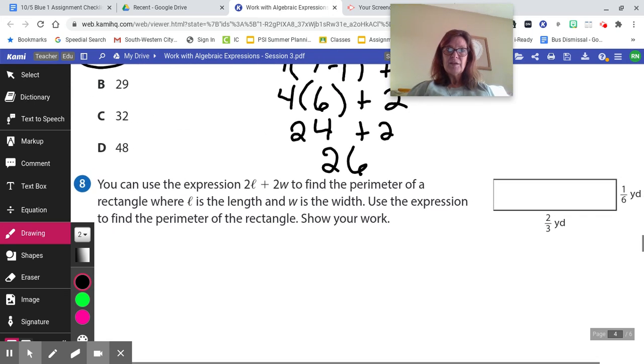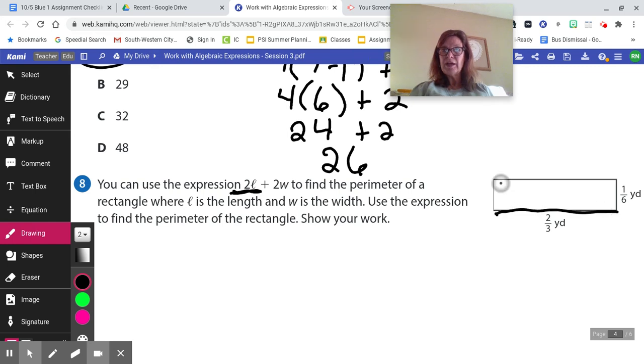Okay. This one, you can use the expression 2L plus 2W to find the perimeter of a rectangle where L is the length and W is the width. Use the expression to find the perimeter of the rectangle and show your work. Remember, perimeter is adding up all the sides. So why did they use the 2L? Because I have the length 2 times.